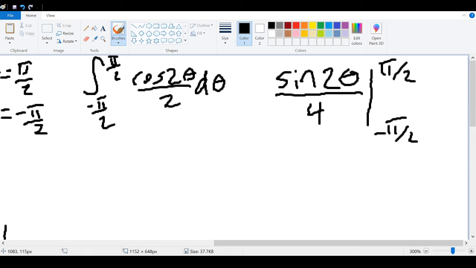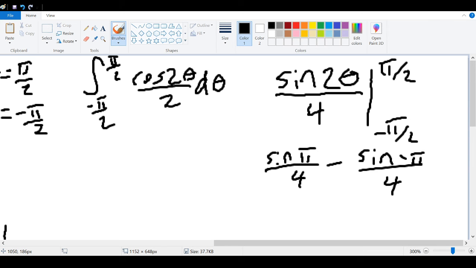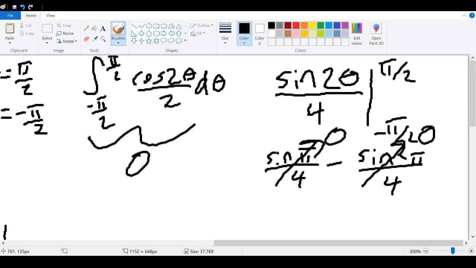When we plug in pi over 2, we get sine of 2 times pi over 2, which is equal to sine pi. So we get sine of pi all over 4, and then we subtract away, when we plug in negative pi over 2, sine of negative pi all over 4. But sine of pi and sine of negative pi are both 0, which means both of these go to 0, and our first integral is 0.